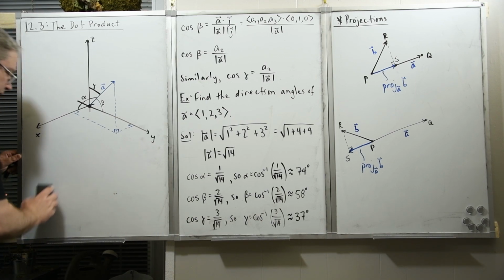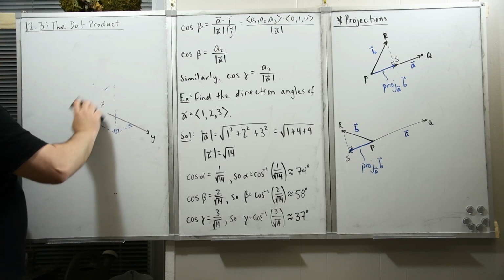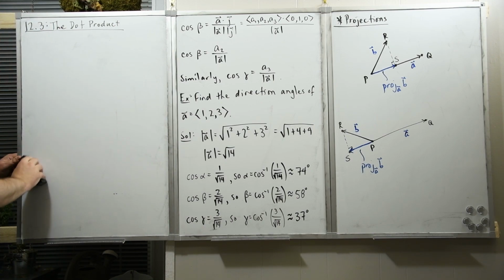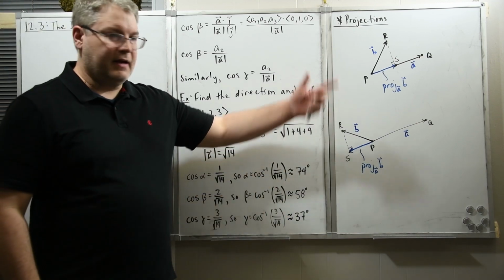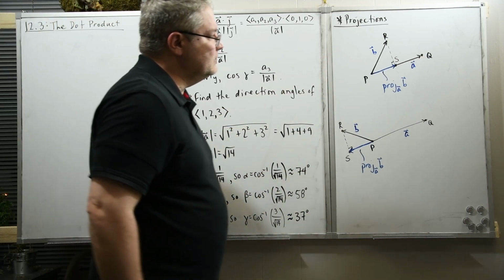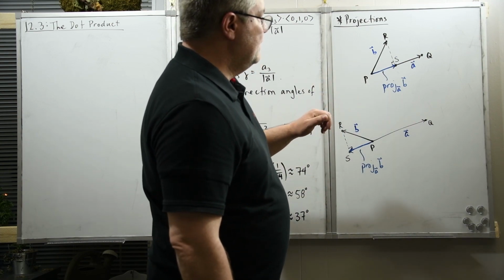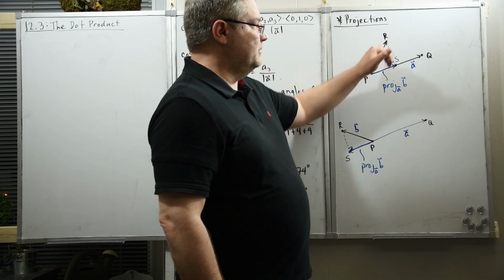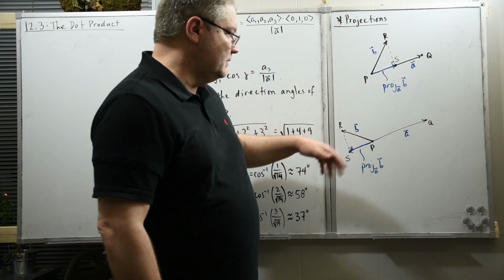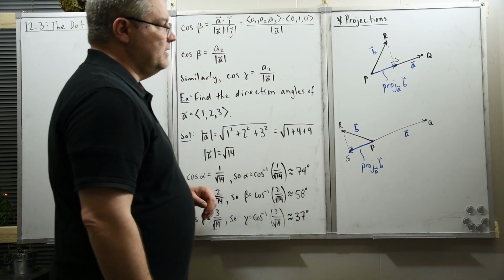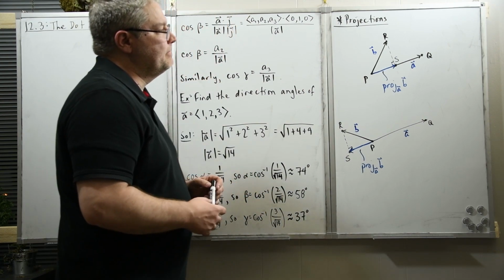Now, ordering definitely matters. So if we take a look at the projection of B onto A and somebody else considers the projection of A onto B, well, we're looking at two completely different vectors, especially in a case like this, because if I take a look at the projection of A onto B, then that projection vector is either going to point in the same direction as B or an opposite direction as B. Really just depends on the angle between the vectors A and B as to how it plays out.